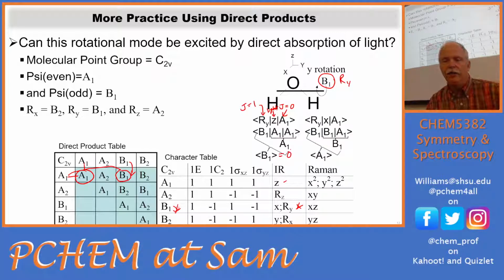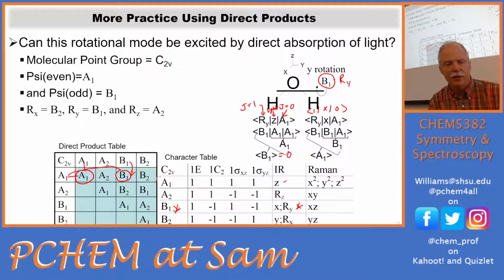Then if we put in X polarized light, again we have 0, 1, and X. J equals 0 is A1, J equals 1 is RY. We can put in the symmetries for those. X is B1 and RY is B1. So A1 times B1 is B1, and B1 times itself is A1.